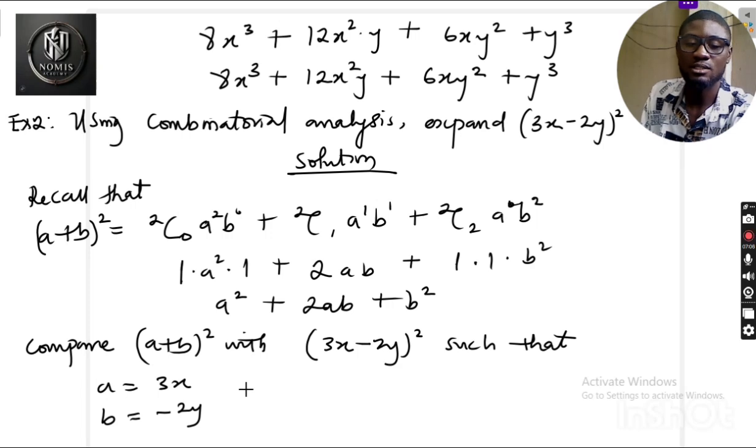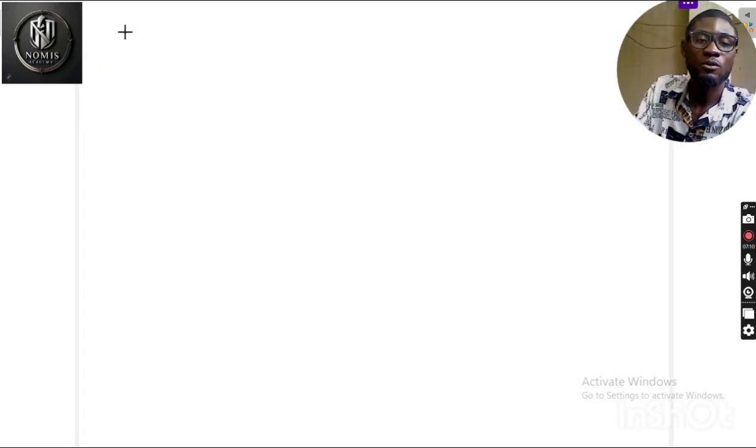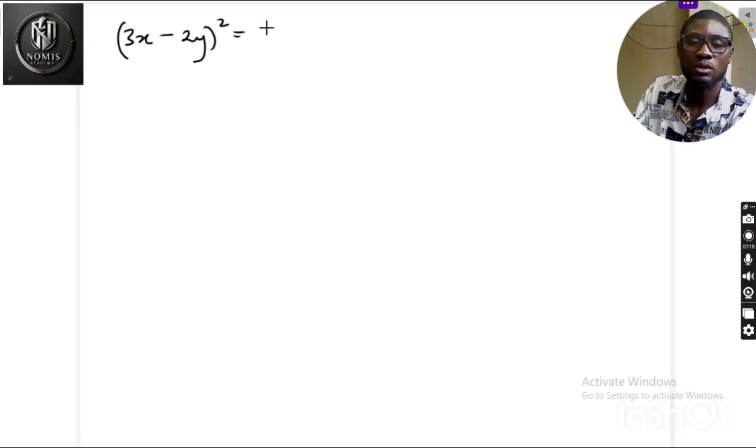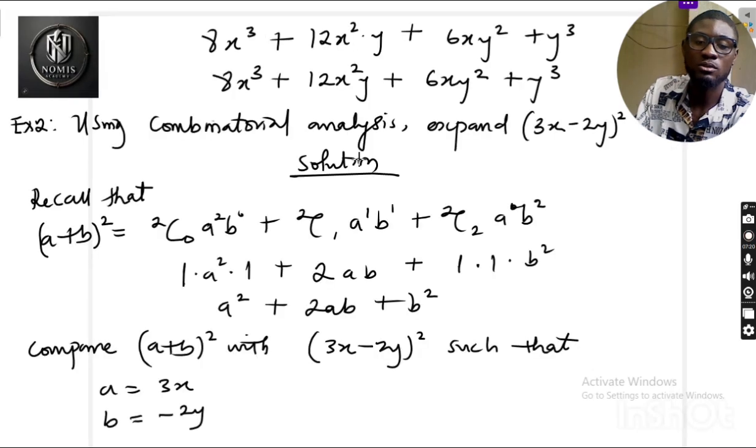So we say that (3x - 2y) all squared is equal to, where we have a squared we put 3x, so (3x) all squared, plus the next thing is 2ab.